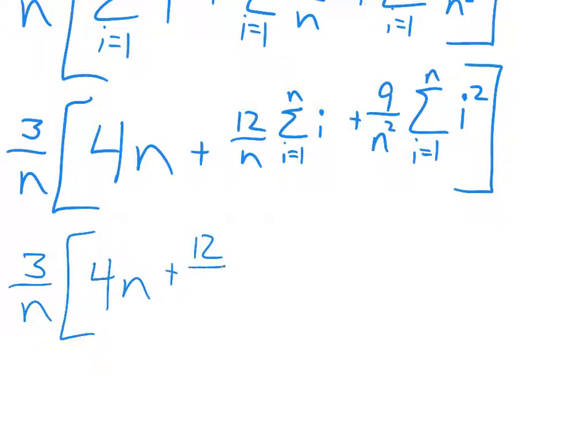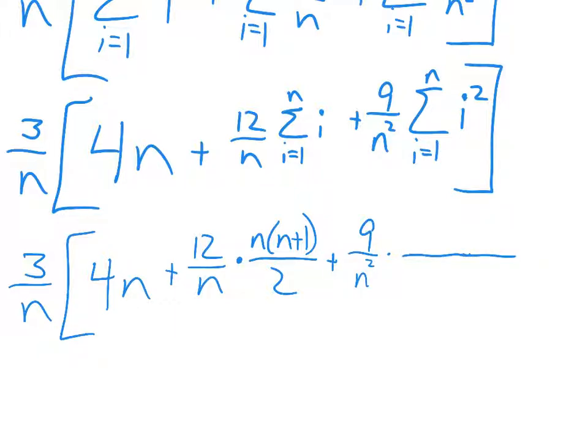We've got a 12 over n times the formula. There you go, okay? Plus 9 over n squared times the formula for the squares: n times n plus 1 times 2n plus 1, over 6. There we go. Okay?